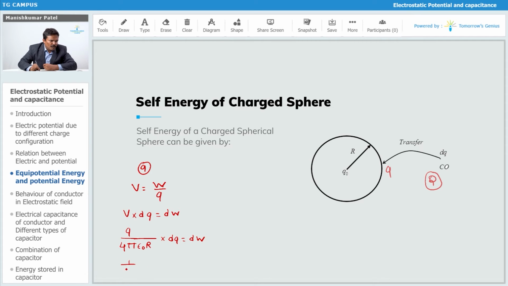This 1 upon 4 pi epsilon naught r is a constant, then take the integration of q dq, which is q square upon 2, with limits from 0 to capital Q, which is your W. So you can write that work done is Q square upon 8 pi epsilon naught r. This is the work done, and that work done will be saved in the form of energy for this charged spherical shell.